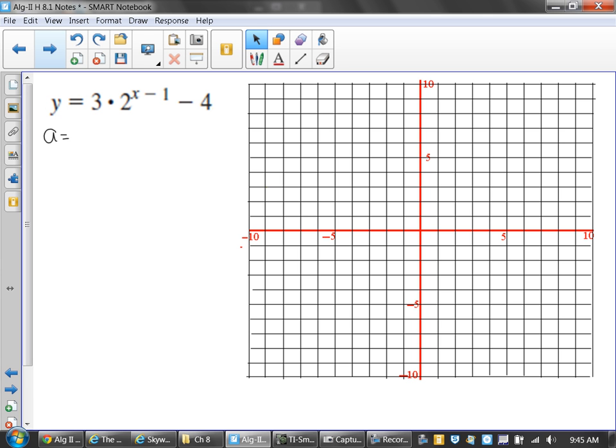I know that A is 3, H is 1, and K is negative 4. Just like you said earlier, it's the opposite value for your H, just like we've done in the past, and it's the same value for your values of K. So far, so good?